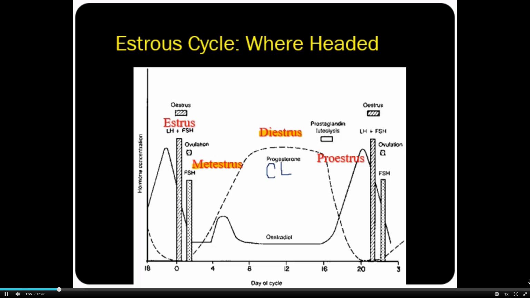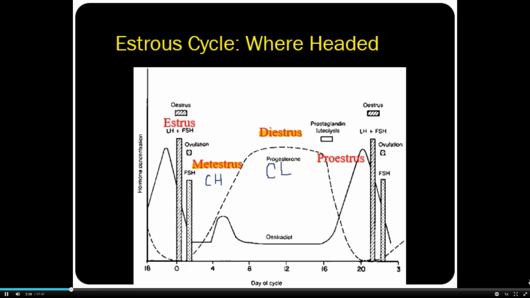One of the things also to get used to is thinking about the structures that are on the ovary during these different stages of the estrous cycle. So if you think back, during metestrus, we have a corpus hemorrhagicum, so that's the transition from a follicle to a corpus luteum. And remember, the corpus luteum is what produces progesterone.